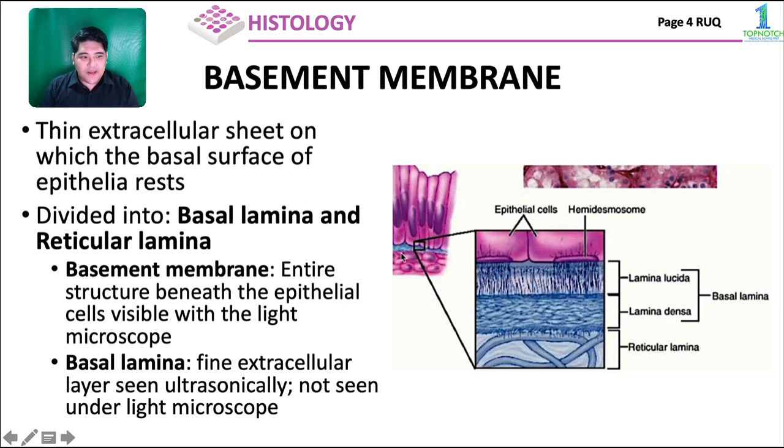Now, your basal lamina naman is a fine extracellular layer seen ultrastructurally, usually on electron microscope. Okay, at hindi yan nakikita sa light microscope. Again, your basement membrane, visible under light microscope, divided into your basal lamina and your reticular lamina.